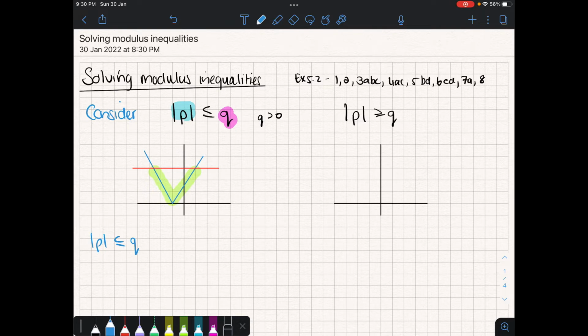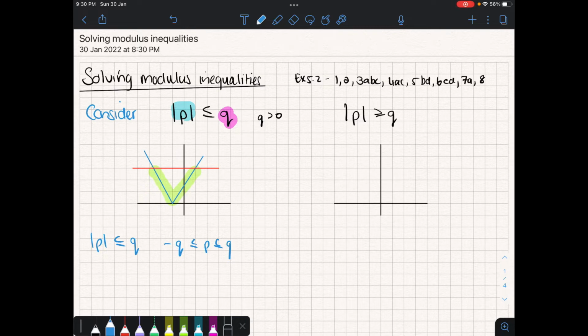This can be found by saying we want the values between minus Q and P, and between positive Q and P. And so we have a generalized rule in order to solve these much faster.